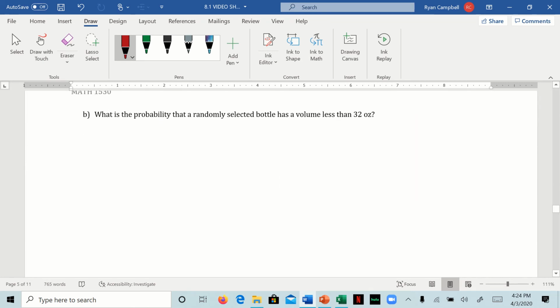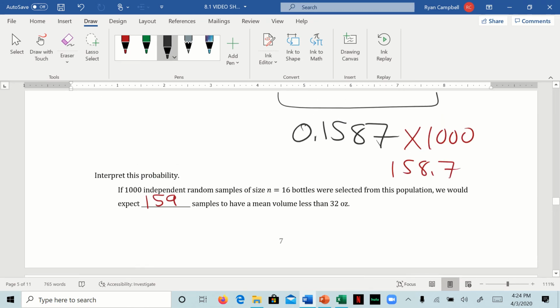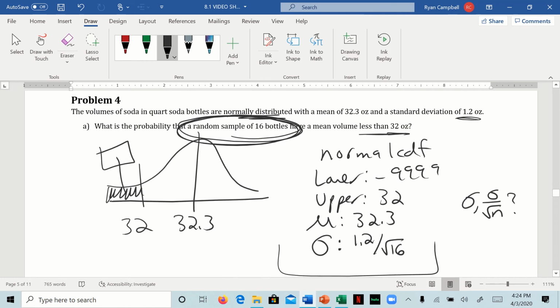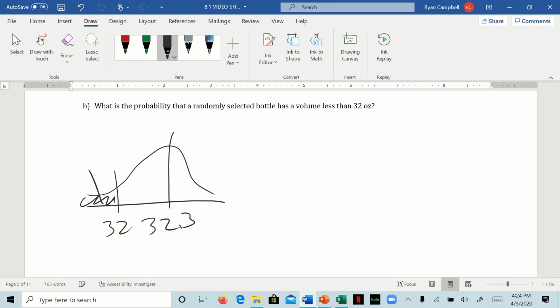What about if we did a randomly selected bottle, right? So if you notice, it's the exact same problem. It's going to be 32.3 in the middle, 32 less than. The only difference is our sigma, right? So negative 9999.